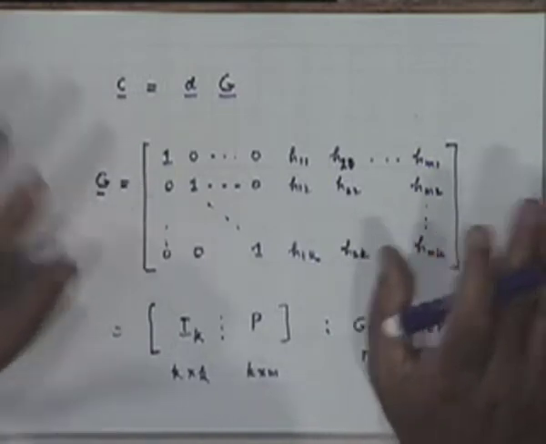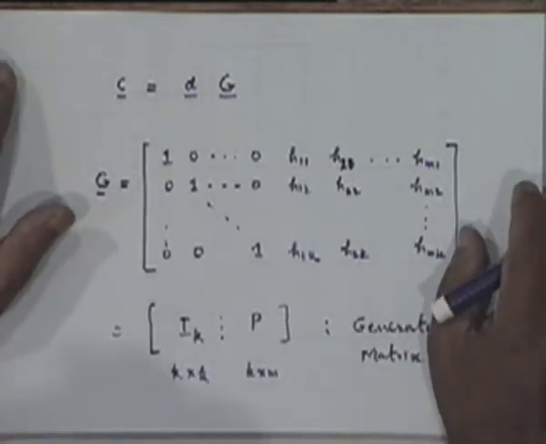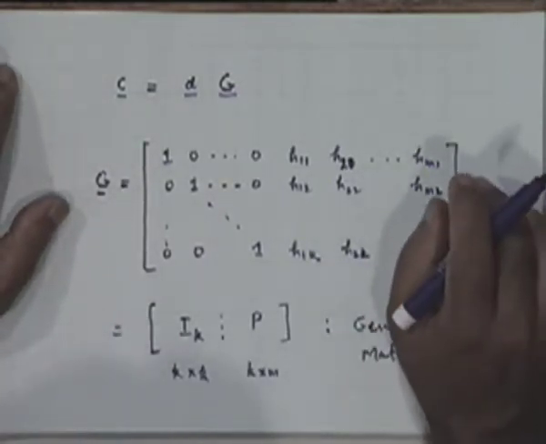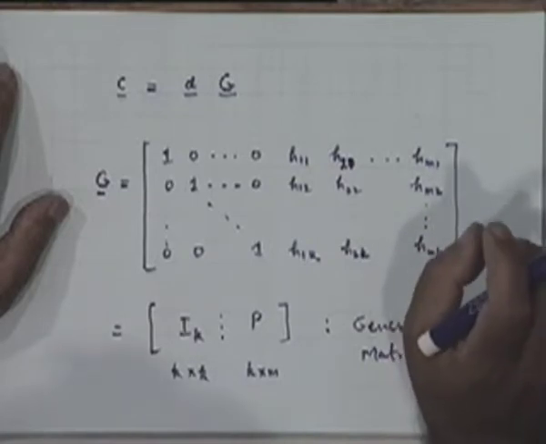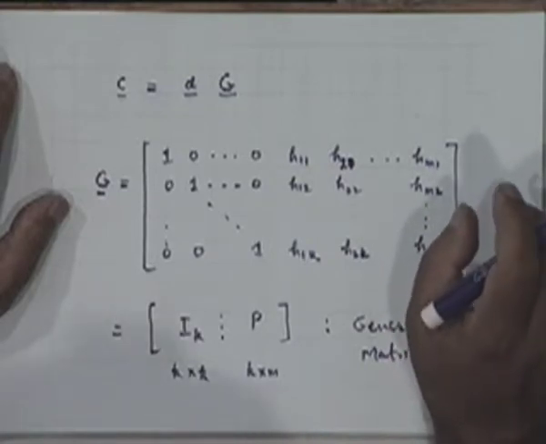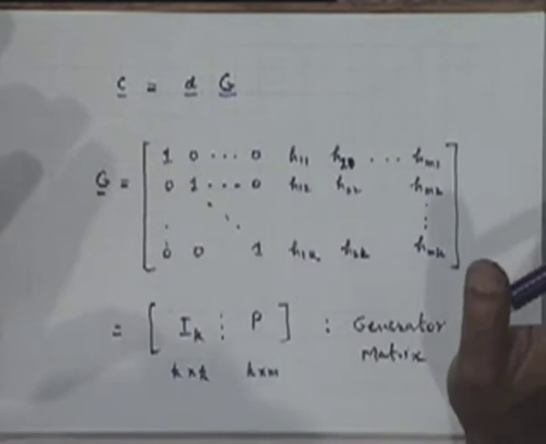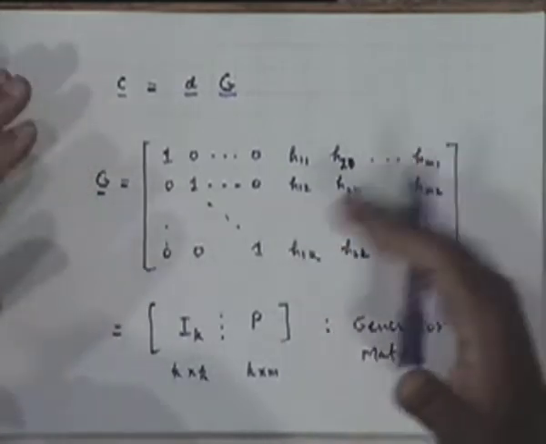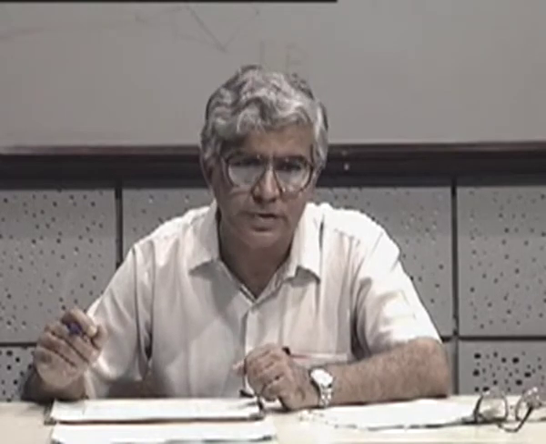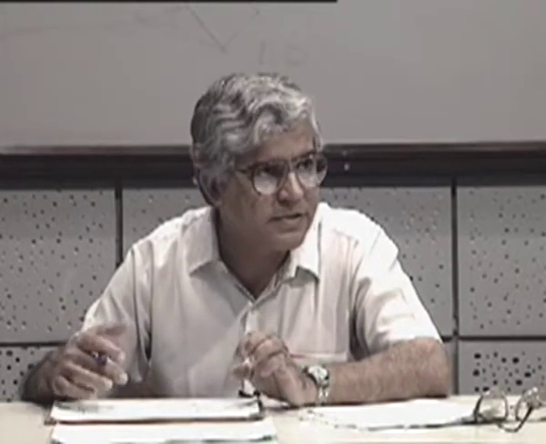As I said, this is a full-fledged subject by itself, and proper study of that would require you to study finite field theory, right? Because in fact we may not always be working with only binary numbers. We may be working with M-ary numbers, where M is some power of 2. And first you have to understand the theory of numbers in that field, and then only we can do a proper study of error correcting codes in a very general way.